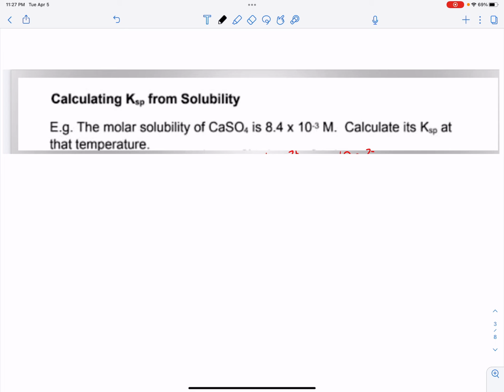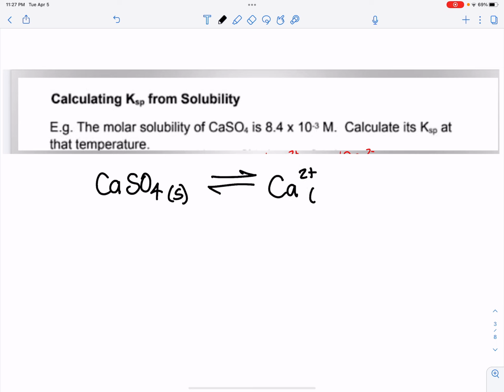We're going to start off a question like this by writing out our solubility product expression. So I'm going to take my calcium sulfate, CaSO4. I'm going to start with it as a solid, and I'm going to write an equilibrium expression here, showing it splitting into its ions. And you'll notice that those ions are aqueous.